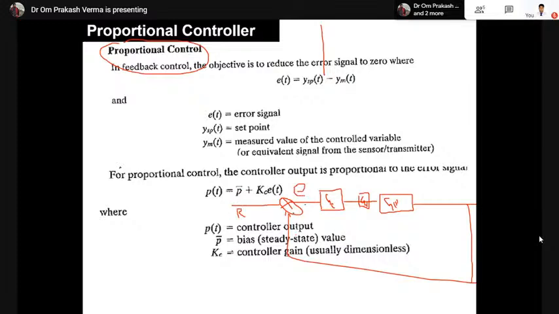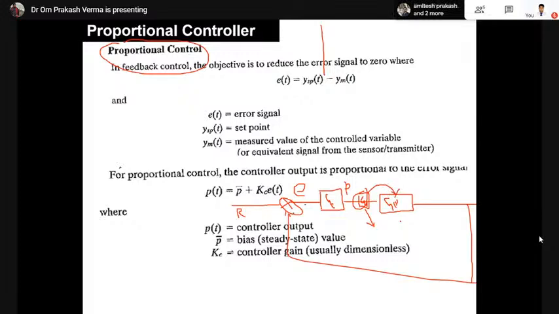Feedback generates the error, and this error goes to the controller part, and the controller will generate some signal P. This signal P is going to command the control valve, and the control valve acts accordingly, either increasing or decreasing the flow, and then the process will go into control.